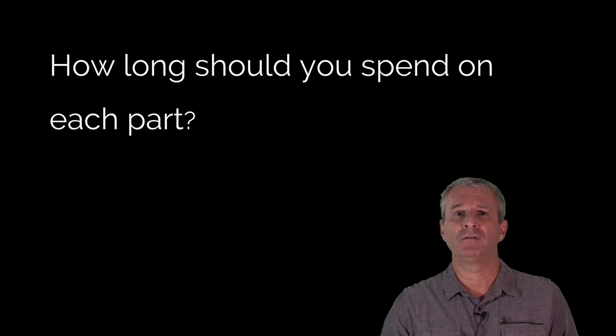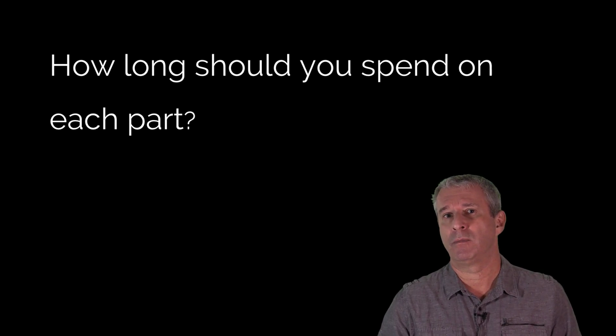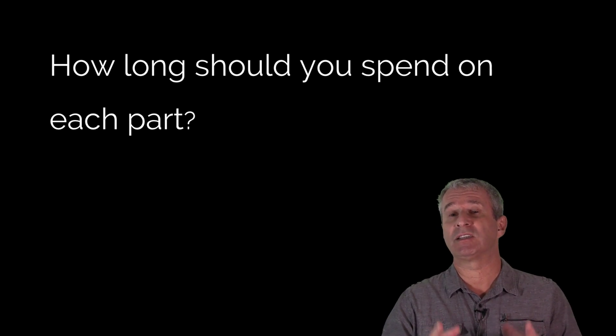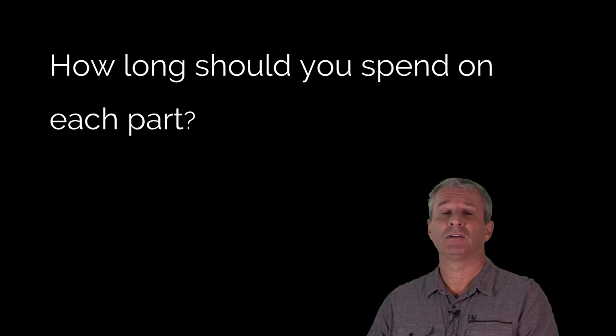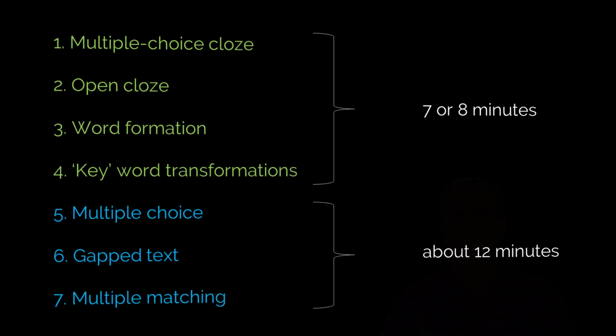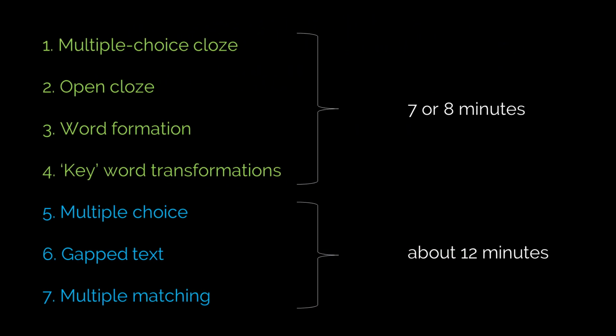You have to decide this, because nobody's going to tell you when to move from one part to the next part. This is one suggestion, but you need to practice yourself under timed conditions to see what works best for you. Because maybe you can do some parts quicker than others.